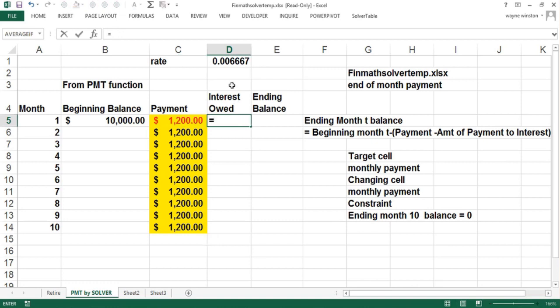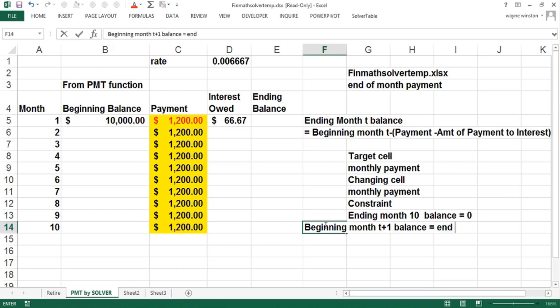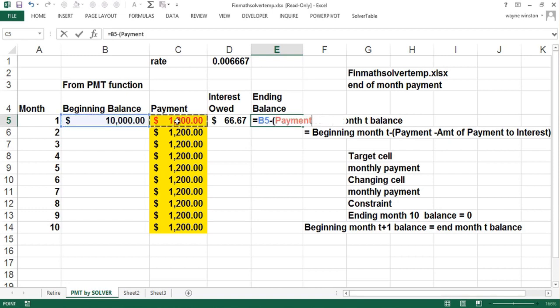Well, we owe the rate times the beginning balance. What I forgot to say, beginning month T plus 1 balance equals end month T balance. So the ending balance would be what the starting balance was, take away what your payment was, minus what goes to interest.